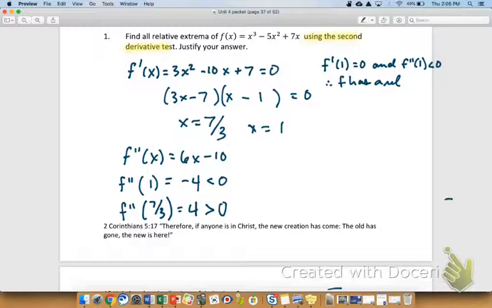It's got to be a relative maximum. You know, we could back it up a little bit. Here, try this. We could say f prime of 1 is 0 and f double prime of 1 is negative. Therefore, f is concave down at x equals 1. Therefore, f has a relative max.